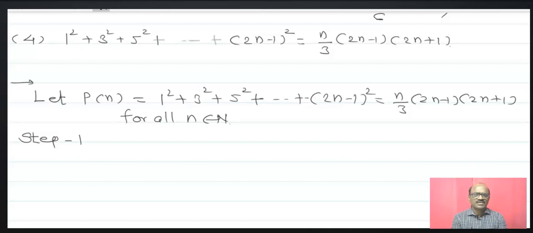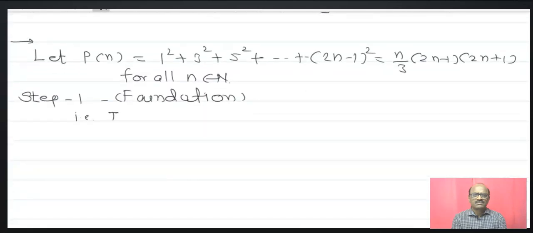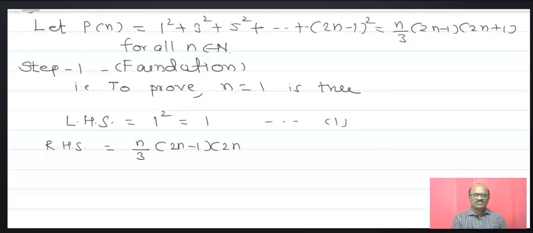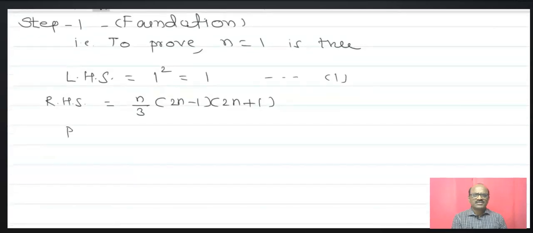Every time these are the same steps for all the examples. This is the foundation. To prove n is equals to 1, it is true. What is that LHS? That is 1 square. It's treated as the first term, and in RHS we substitute n is equals to 1 and we get the result.